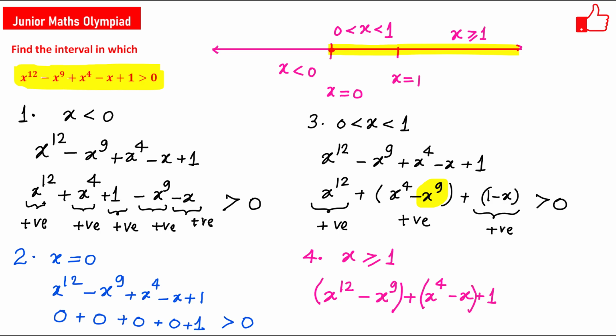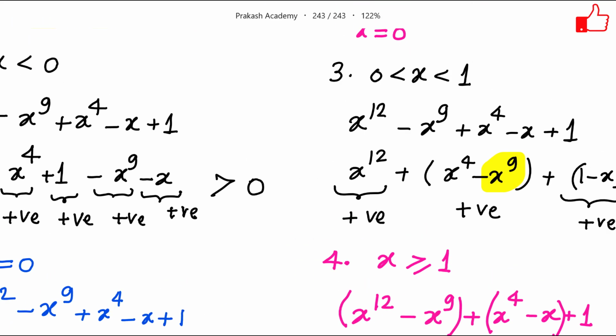Now x is greater than 1, this means higher the power, larger the number. This means x raised to the power 12 is greater than x raised to the power 9, so this quantity is positive. And this quantity is again positive because x raised to the power 4 will be greater than x. So this quantity is greater than 0 for any value greater than 1.